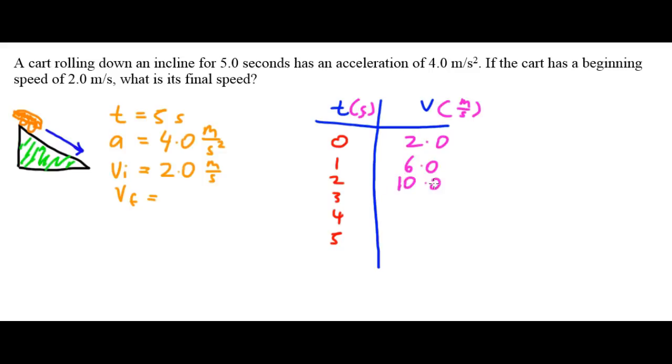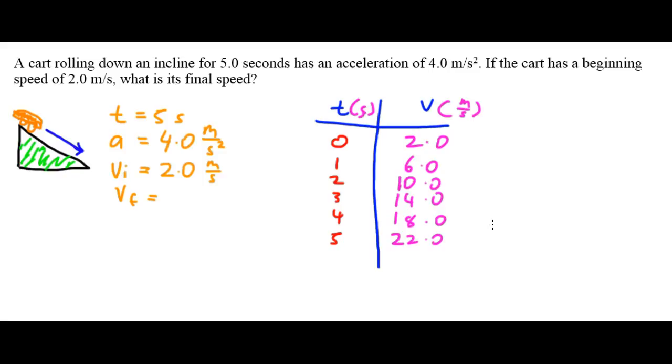So it's going to go 10 meters per second. After 3, another 4, it's going to go 14 meters per second. And then another 4, 18 meters per second. And then after 5, eventually 22 meters per second after 5 seconds. So we figured that out using our table.